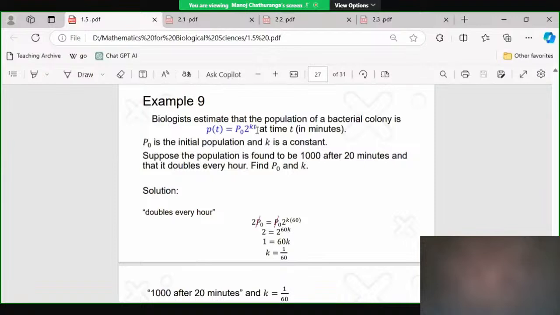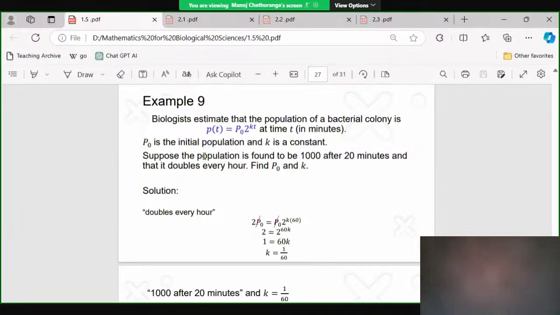So far, we don't know the initial population and constant K. Let's read further. Suppose the population is found to be 1,000 after 20 minutes and that it doubles every hour. So somebody has made some observations.